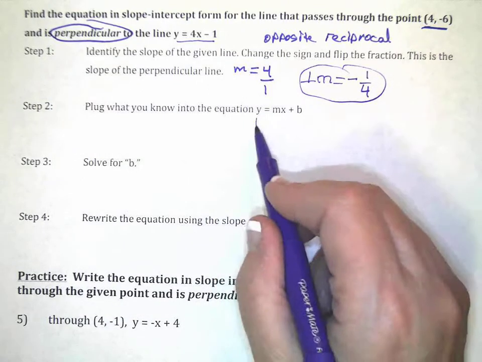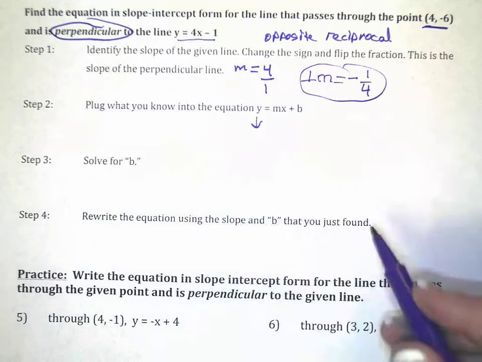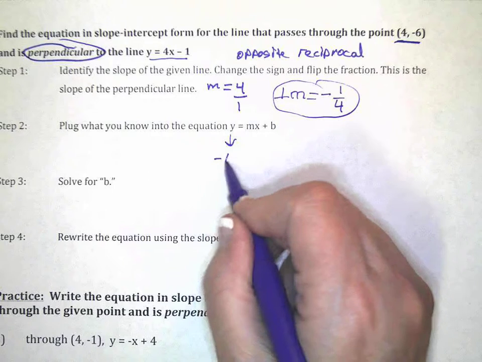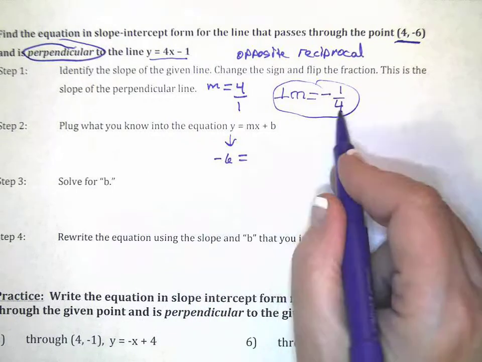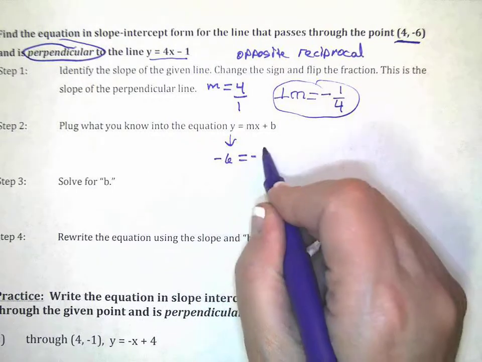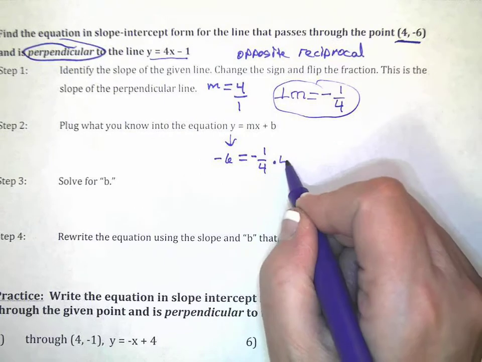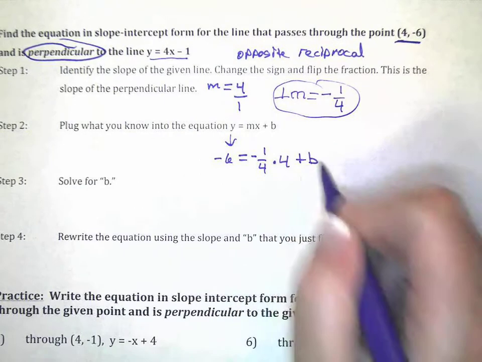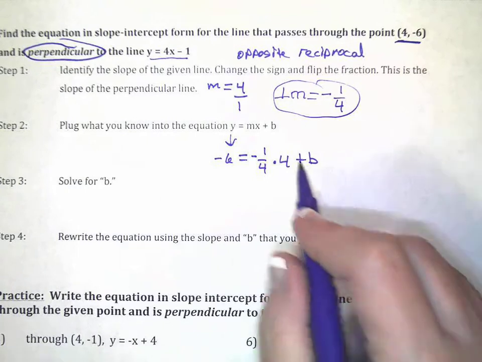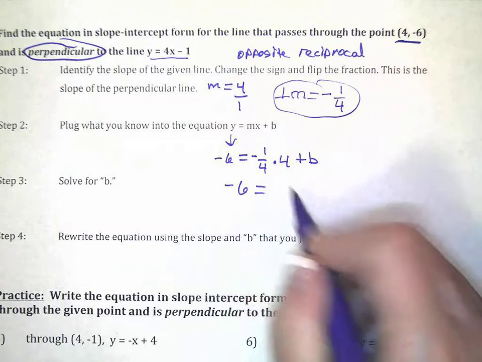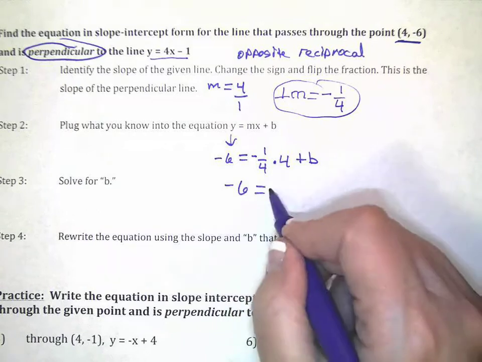So when we substitute values in, our point was 4, negative 6. So negative 6 is equal to the perpendicular slope of negative 1/4 times x, which is 4, plus b. So the rest of this is very similar to what we just did. Negative 1/4 times 4 is negative 1.